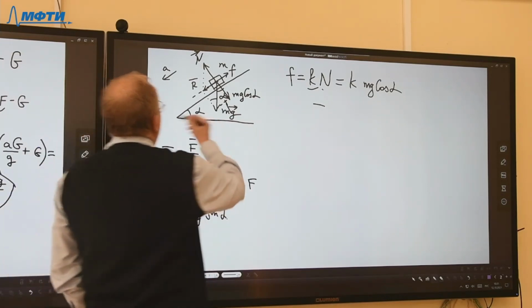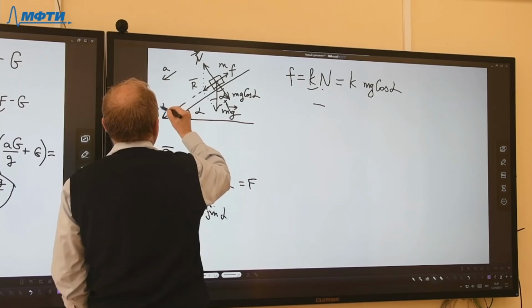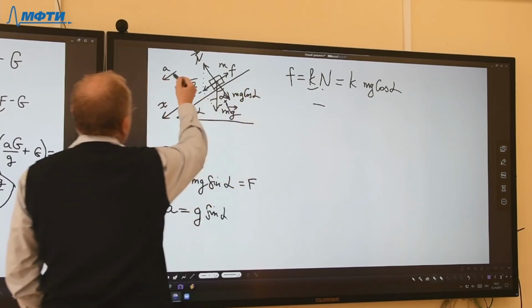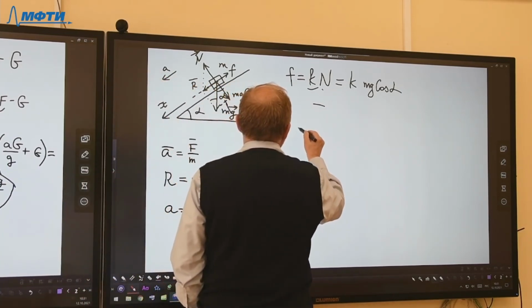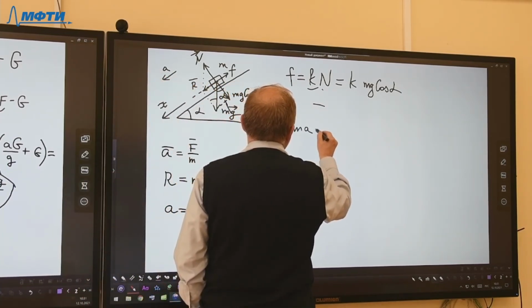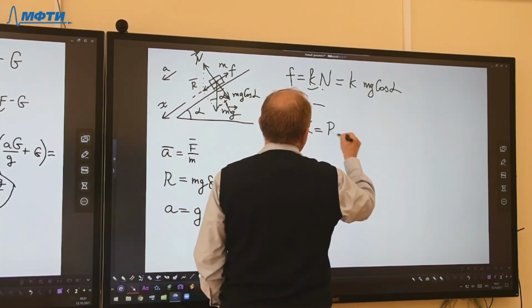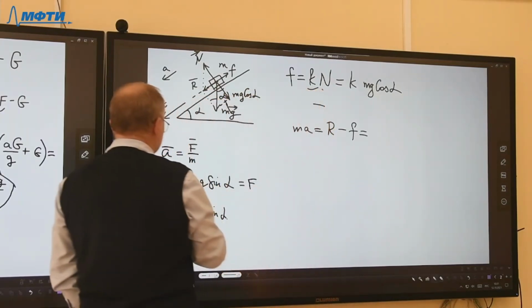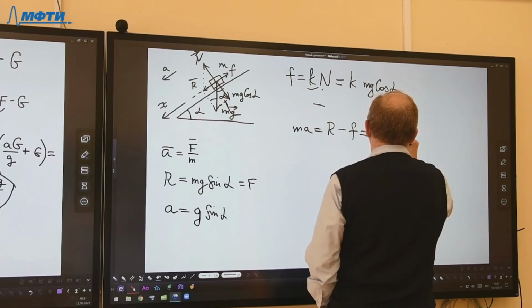So, in the direction of motion along this x-axis, where the acceleration is directed, the mass of the body times acceleration will be the sum of all forces acting here. That will be R in magnitude minus F. We know what R is: that is mg sine alpha.